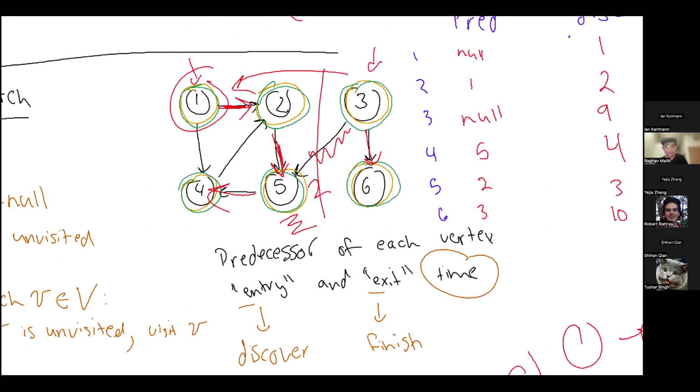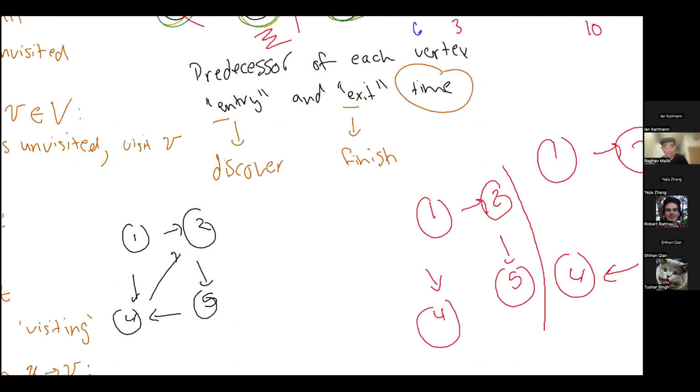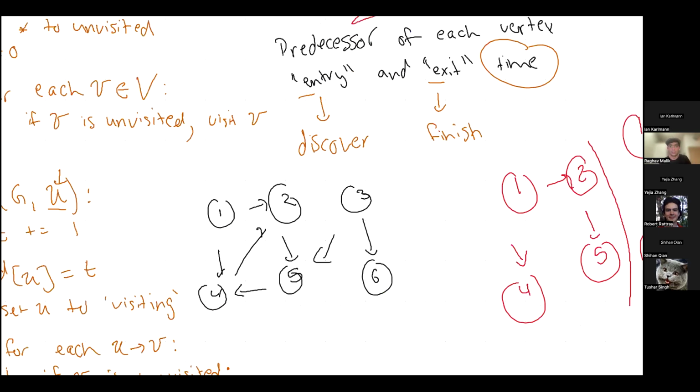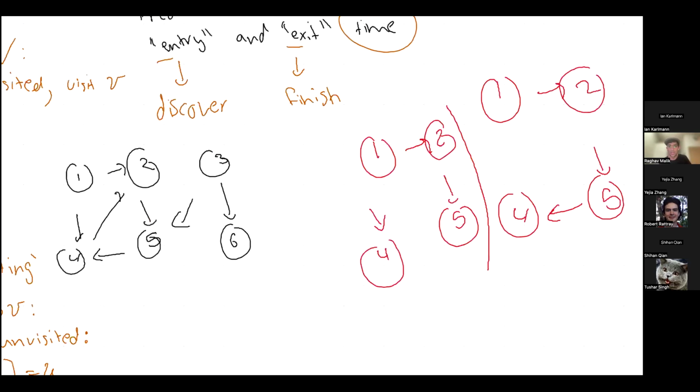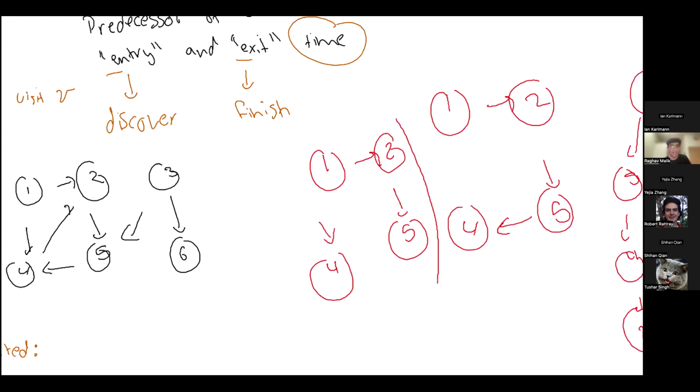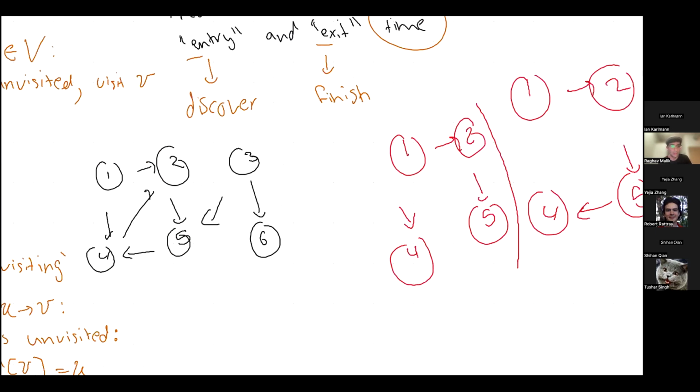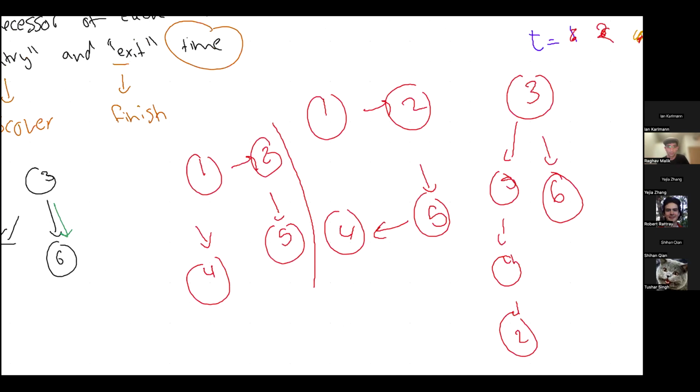Here we go. 3, 6. Right. So if I look at my traversal, I see that 1 to 2 is a tree edge, which I'm going to color in green because tree. 1 to 2, 2 to 5, 5 to 4, and 3 to 6 are all tree edges because I visited these in my traversal, right?